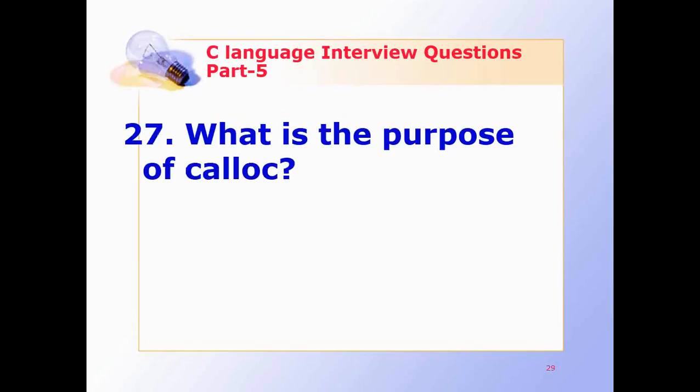What is the purpose of calloc? The calloc function is used to allocate storage to a variable while the program is running. The library function is invoked by writing calloc of num, size.